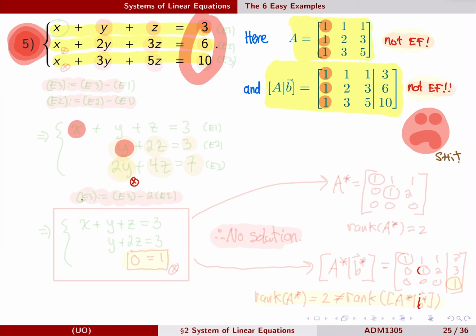And you'll see we'll have to do stuff to that system in order to get that solution. So how do we find that solution? So again here, let's label our equations, equation 1, equation 2, equation 3, and let's try to find a solution.